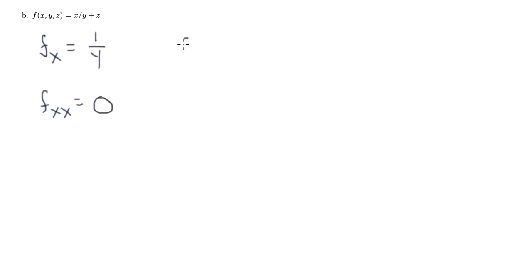Okay, and then we can go on to y. And now this is going to be a little bit trickier because this is x over y. So the x I'm treating as a constant. So I'm really taking the derivative of 1 over y, which is negative 1 over y squared. But I have this factor of x on top. That's just a constant.